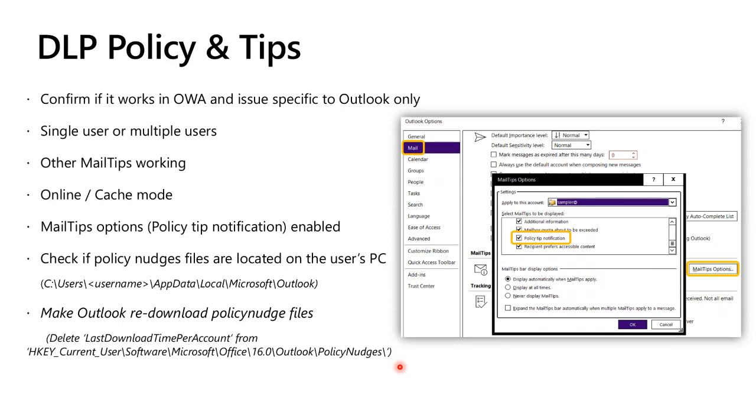And please note that currently Outlook 2013 and later supports showing policy tips only for DLP conditions, which are content contains and content is shared. So these are the current conditions where policy tips in Outlook desktop clients are supported.